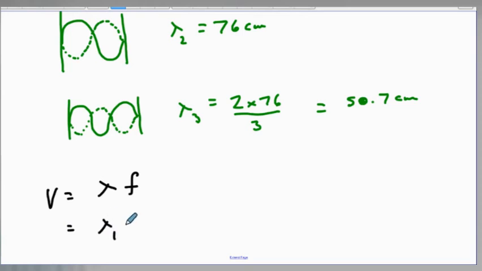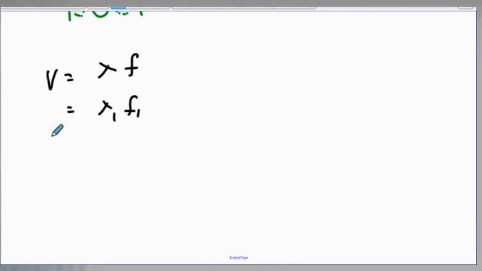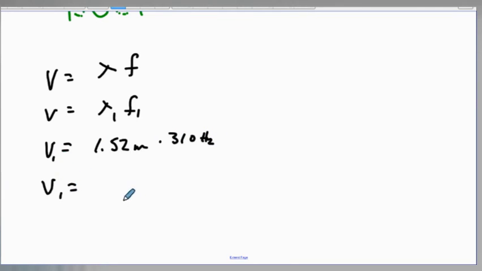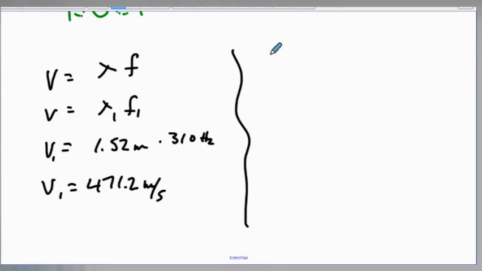If I take wavelength 1 and multiply it by frequency 1, my first wavelength was 1.52 meters, and my first frequency is 310 hertz. So the first one I'm going to get here is 471.2 meters per second.